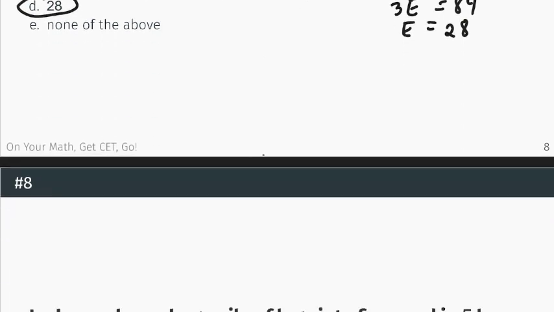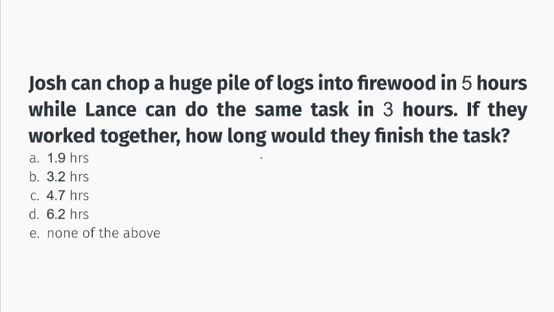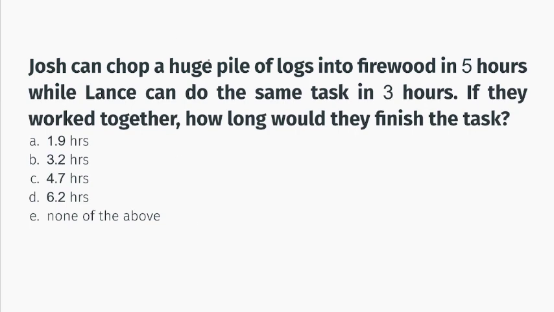Now let's move on to number 8. Joss can chop a huge pile of logs into firewood in 5 hours, while Lance can do the same task in 3 hours. If they work together, how long would they take to finish the task? Okay, so the trick for this kind of problem is we first check the rate of each person.